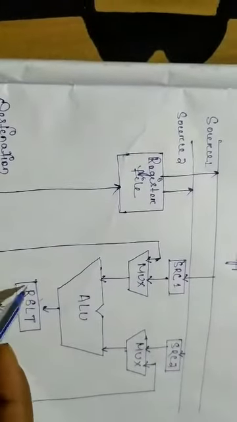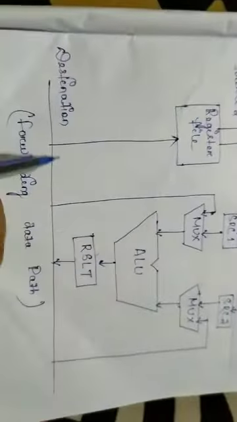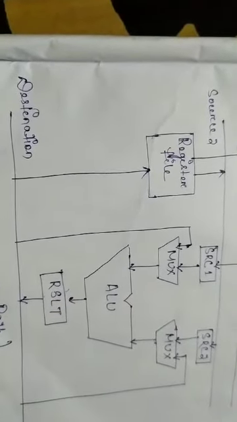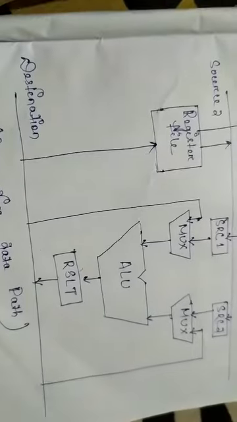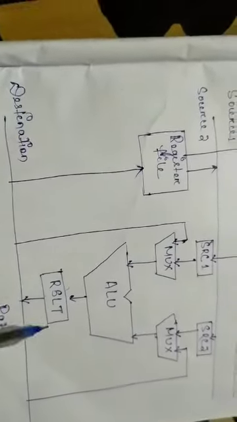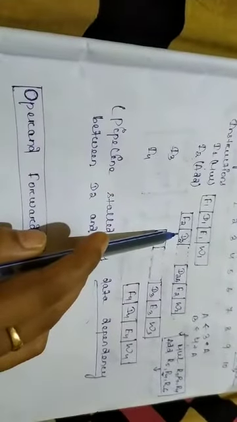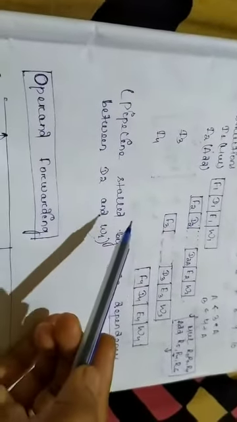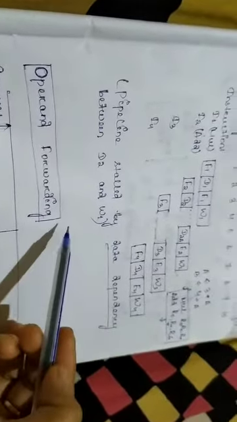When these instructions are executed through this data path, the operations performed in each clock cycle are as follows. Let me explain it using these two diagrams.